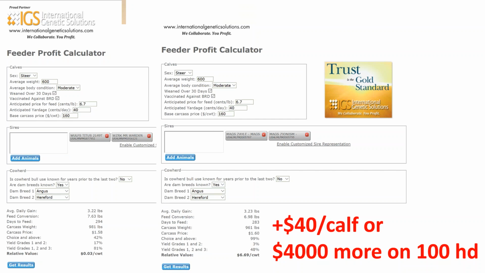Yes, actually there are stochastic elements to this. Essentially, you generate a pen of calves that have means for the traits of economic relevance. So you have means for average daily gain, feed intake, marbling, yield grade, and carcass weight. Then, based on an assumption of variance, we generate a random normal distribution around those traits.